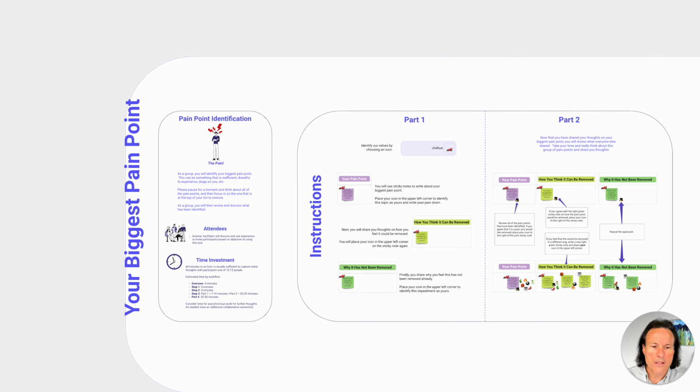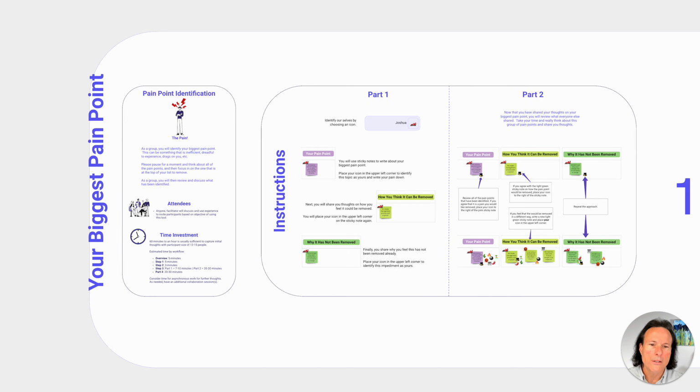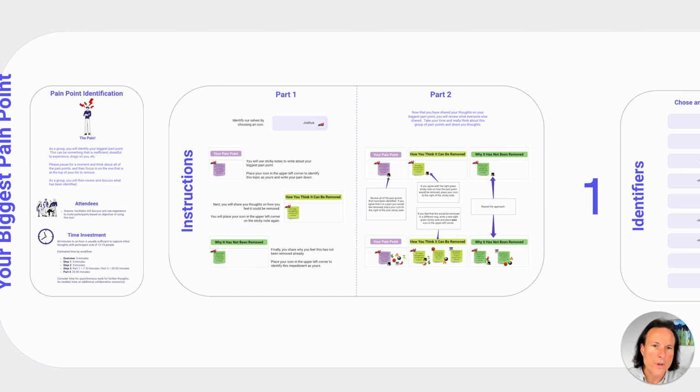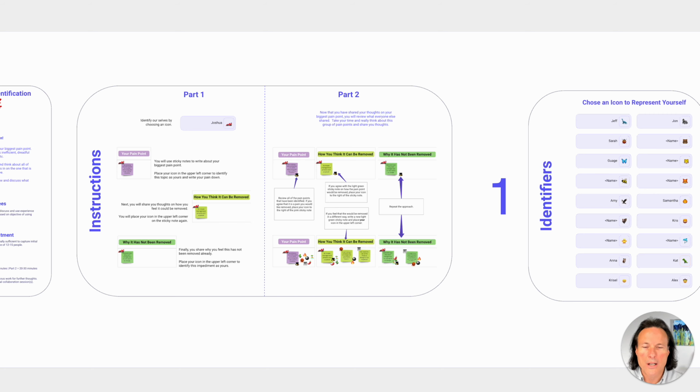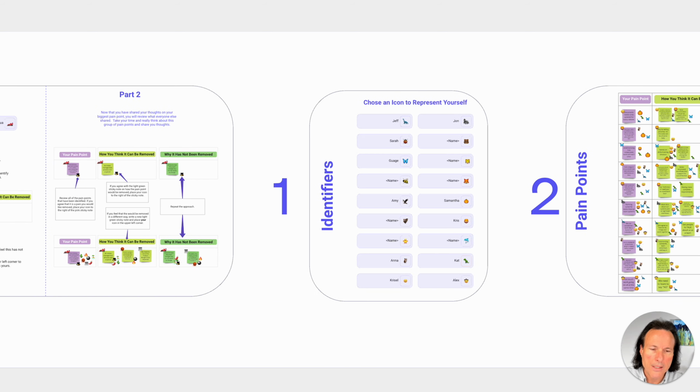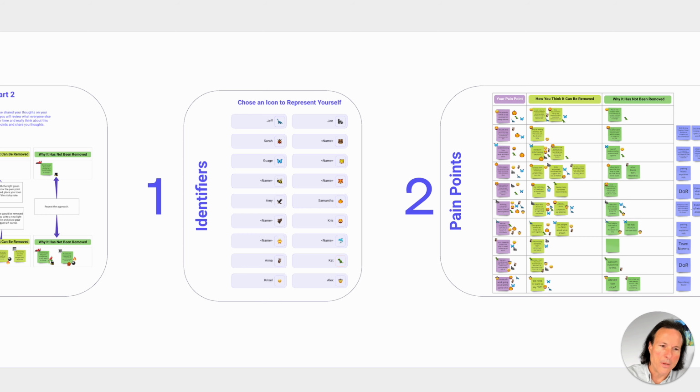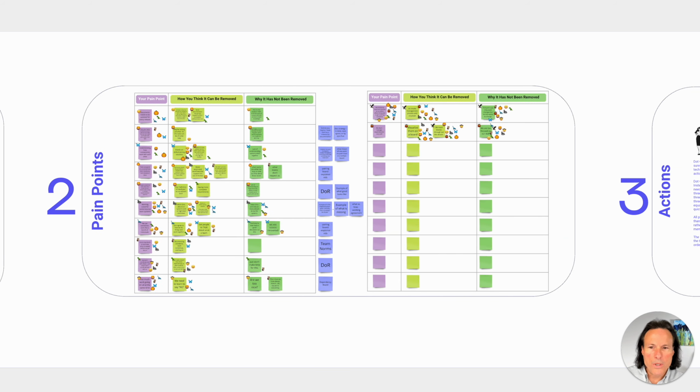Now, the next thing that we do is we also want to take a look at the pain points or impediments. What are the things that the team is challenged with today? So this is another one of our adoption accelerator templates. And I can show you here we've got all the people identified. And then what we do is we focus on having people put down, what is your biggest pain point?